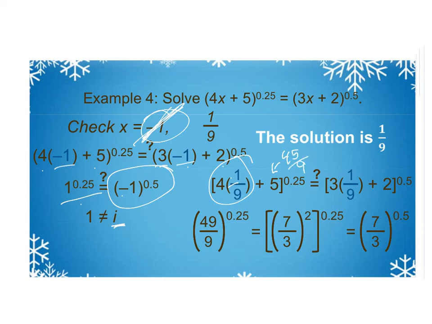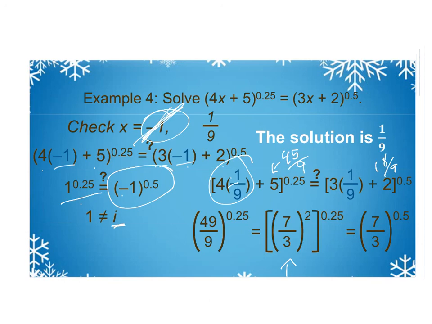So 4/9 and 45/9 is 49/9. Then 3/9, and this becomes 18/9. 3 and 18 is 21/9. They both have 3, so that simplifies down to 7/3.